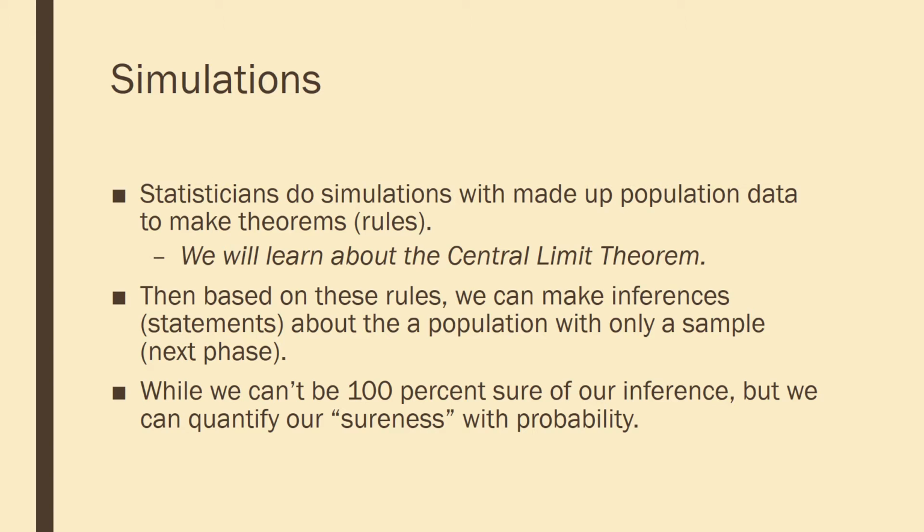These are statements about the population based on only a small sample. So we're not 100% sure about our inference, but we can quantify our sureness with some kind of probability. And we'll get to that in more detail later. That's just the mindset you need to get into.